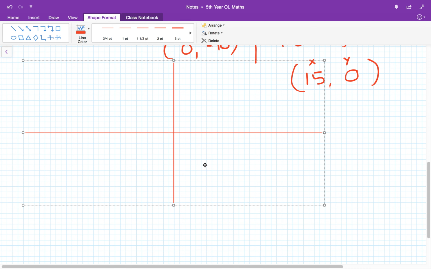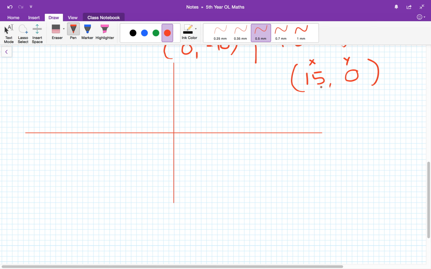Okay, that's better. I was just trying to get it so it was right on the lines. So we might start with the red one since we've just done that.